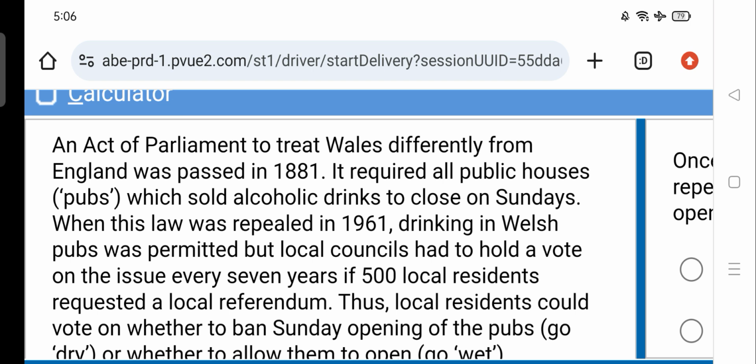So first we have: when this law was repealed in 1961, drinking in Welsh pubs was permitted, but local councils had to hold a vote on the issue every 7 years if 500 local residents requested a local referendum.